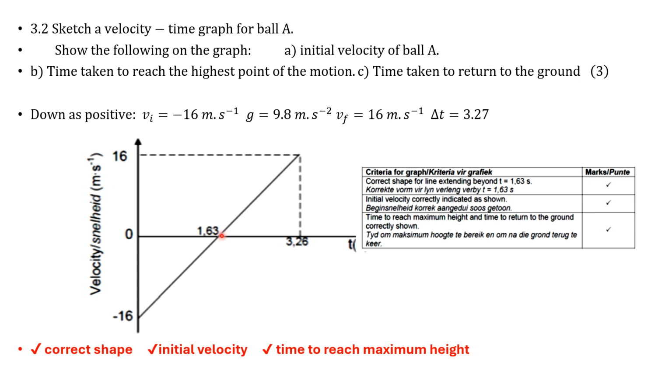Understanding that initial velocity being minus 16, the graph starts on the right side. You can't start at positive 16 and go down, because we took down as positive. So it went from minus 16 to 0, and then from 0 to positive 16. And then the time to reach maximum height, the 1.63, that is my third mark.